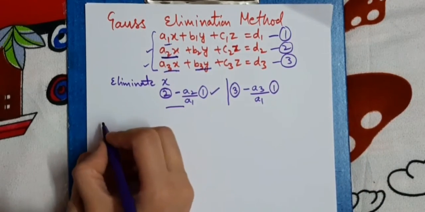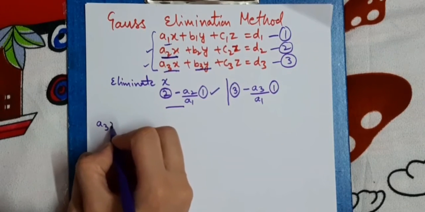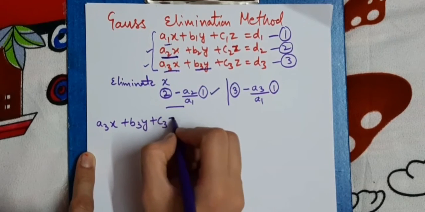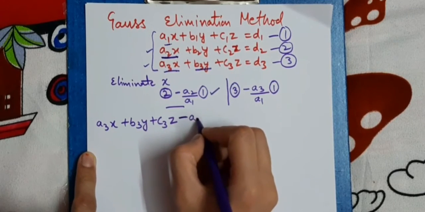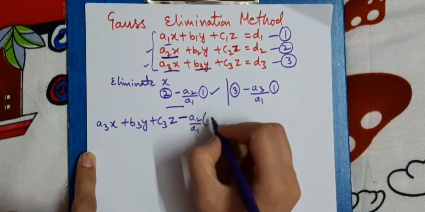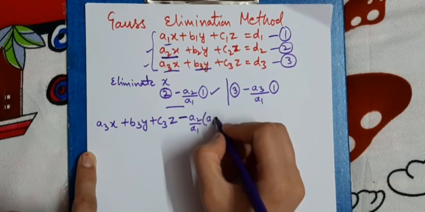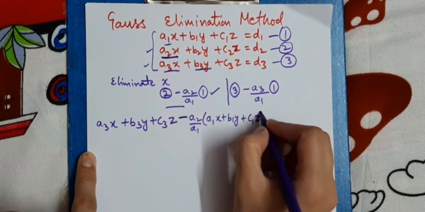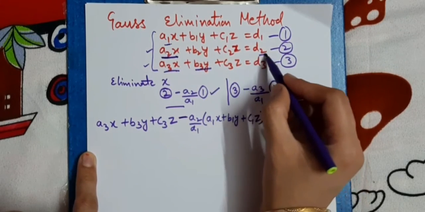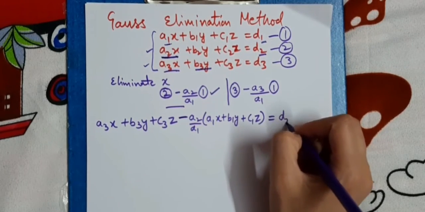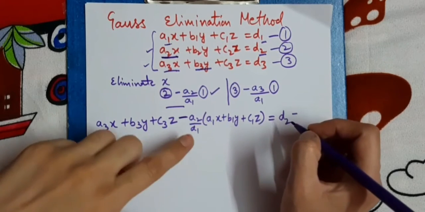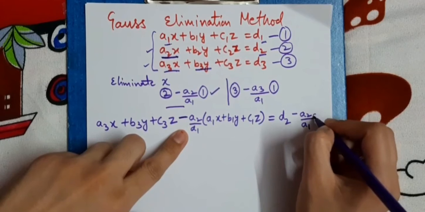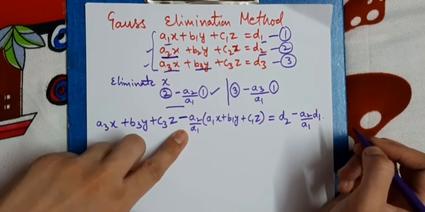Now we have equation number 2, a2x plus b2y plus c2z, minus a2 by a1 times equation number 1, a1x plus b1y plus c1z, is equal to d2 minus a2 by a1 times d1.